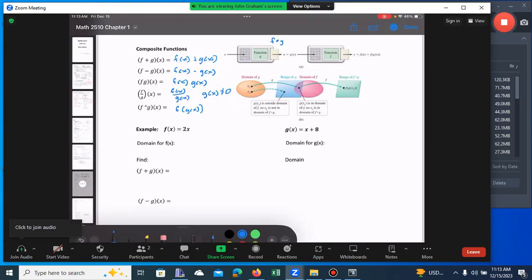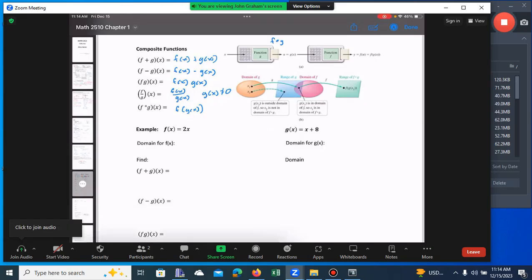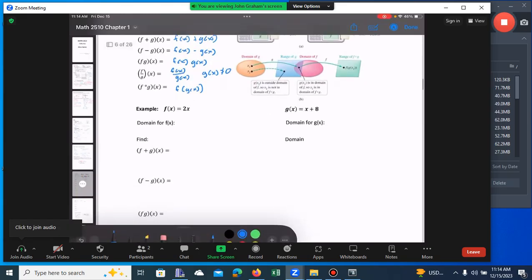That range of g and the domain of f create an overlap. And then when you take the function of f, you're getting out the range of f composite with g. Main thing to remember with the domain is that you're looking at that overlap or that intersection of it.